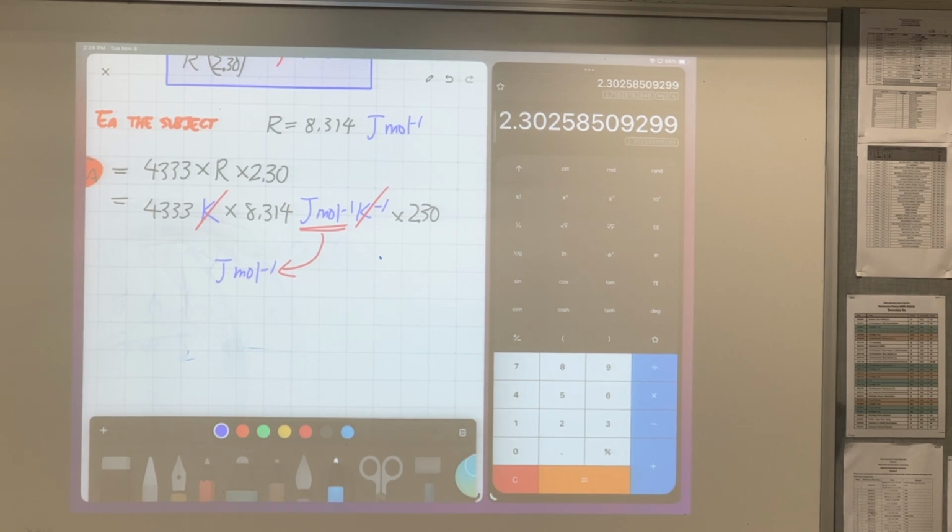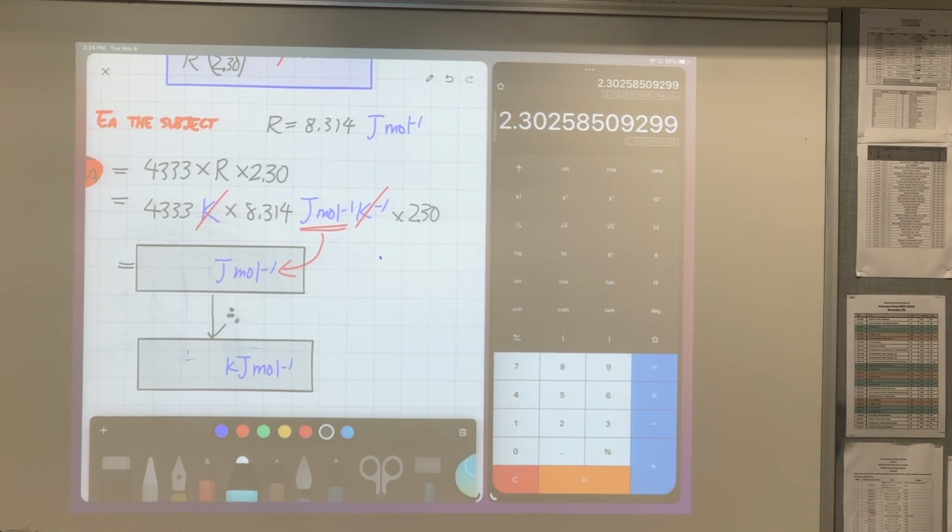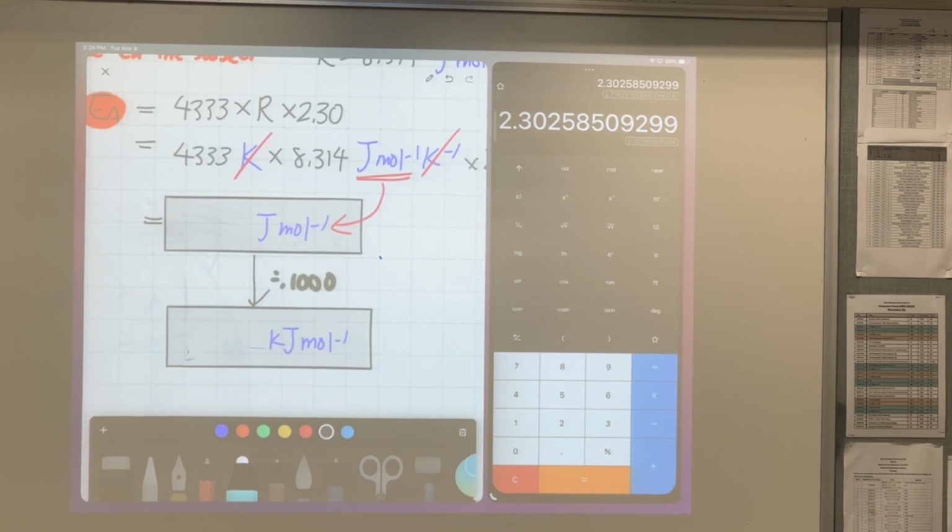So if you really don't care about the unit, it's okay. Just remember that at the end, what do you need to do to convert this back to kilojoule per mole? Divide by 1,000. So if you really don't care about the unit in the intermediate stage, it's fine, but I try to explain to you how the unit comes to be kilojoule per mole here.